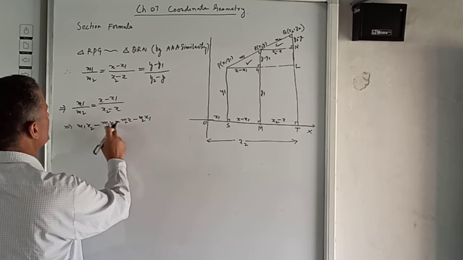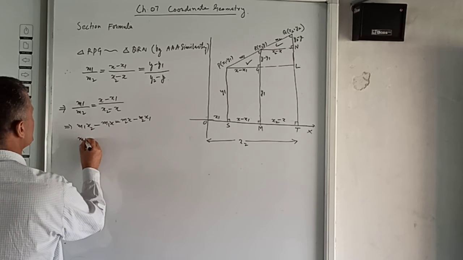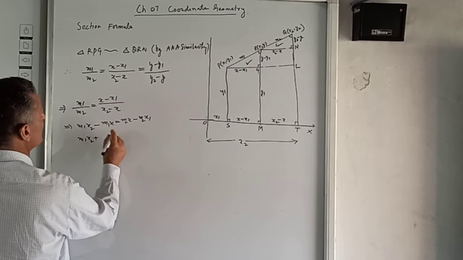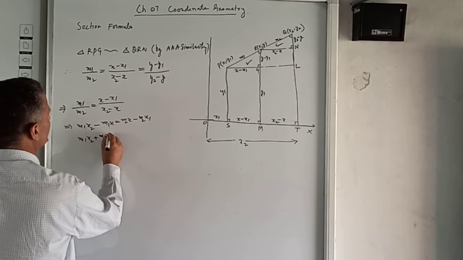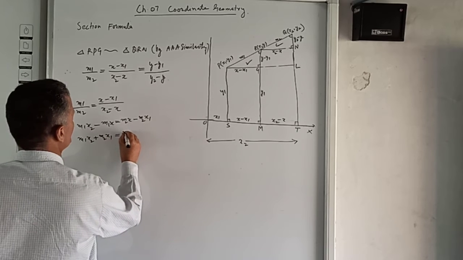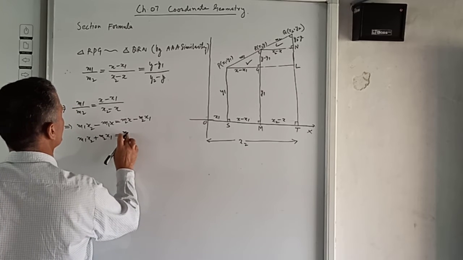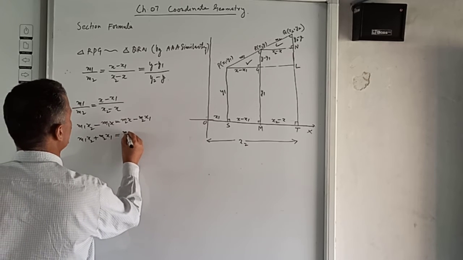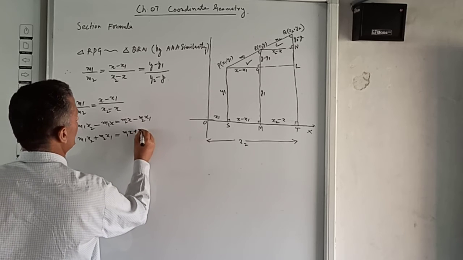You transfer this to this side and this minus to this side. So it is m1 x2 plus m2 x1 equal to m2 x. If you transfer this to this side, it is m1 x. Here already it is plus m2 x.